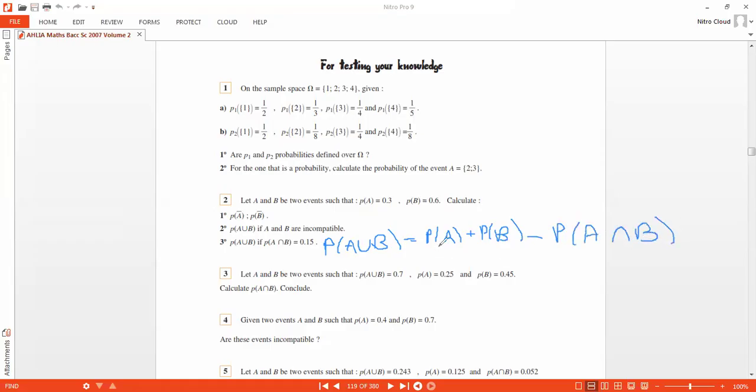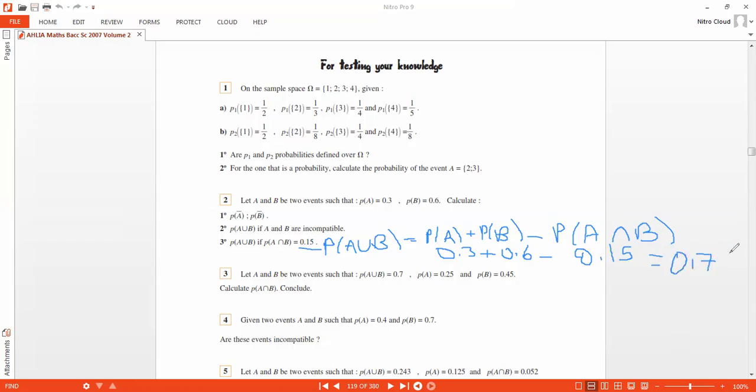So probability of A is 0.3 plus probability of B is 0.6 minus their intersection they gave us. So it's 0.9 minus 0.15, which is 0.75.